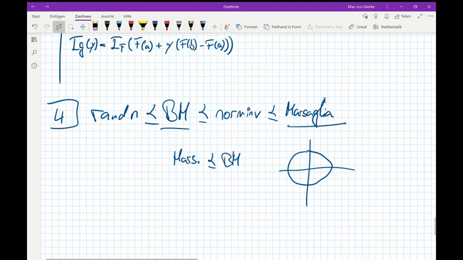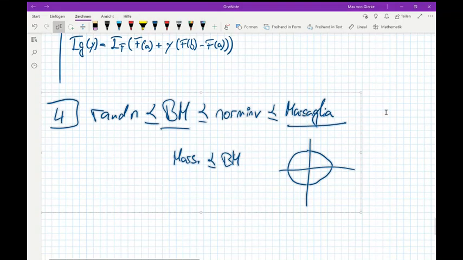Marsaglia doesn't have the trigonometric functions, but it has this awkwardly distributed uniform variable. That's the reason why in the solutions on Ilias this order is written, and most of you actually got this order as well.